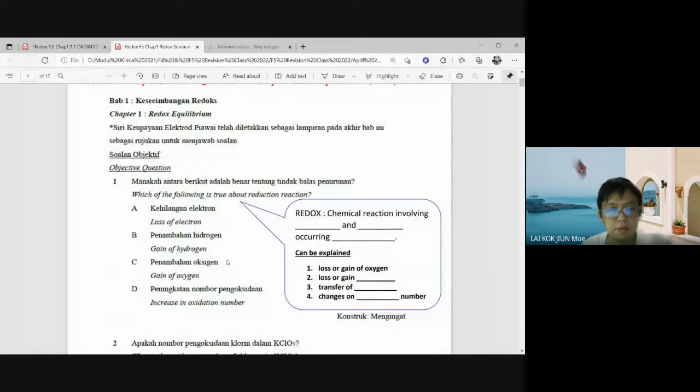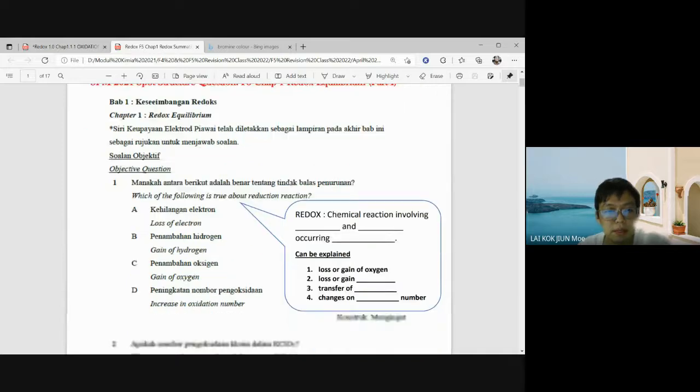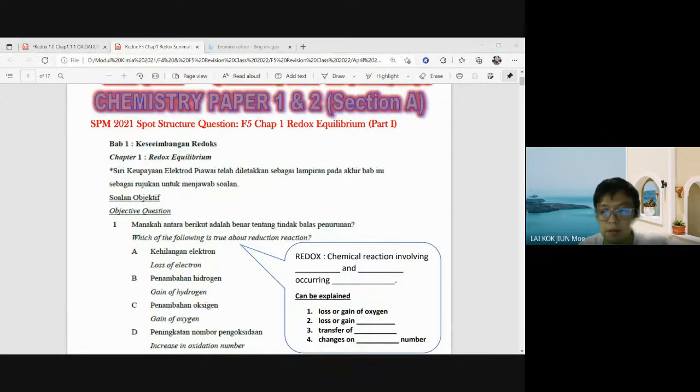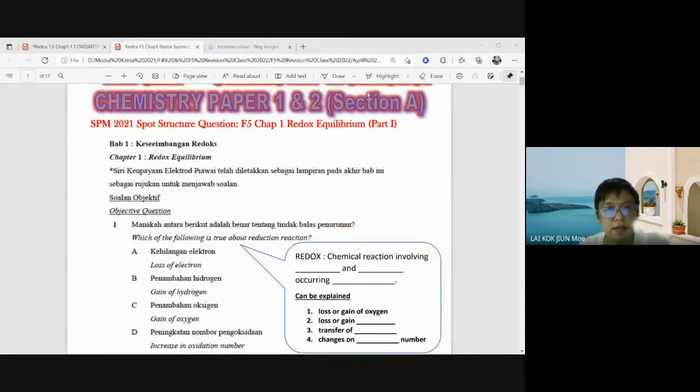Okay, we start with the first question here. Together we do. So far so good, very good. We have Fatihah. Fatihah, hello. Fatihah is good. Okay, Fatihah, we try to do it together. Can, Fatihah? After Fatihah, I want... Okay, so I will give the names now.